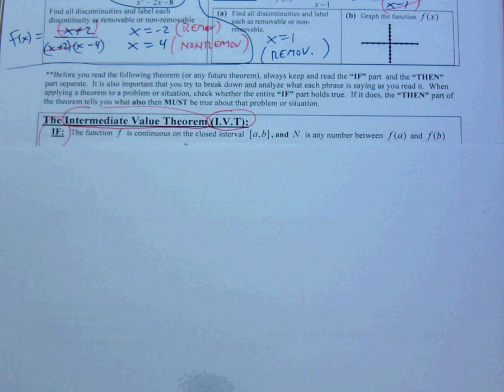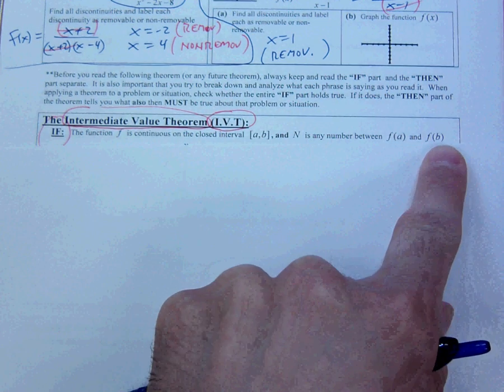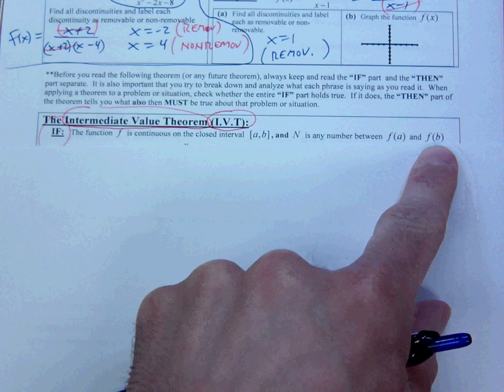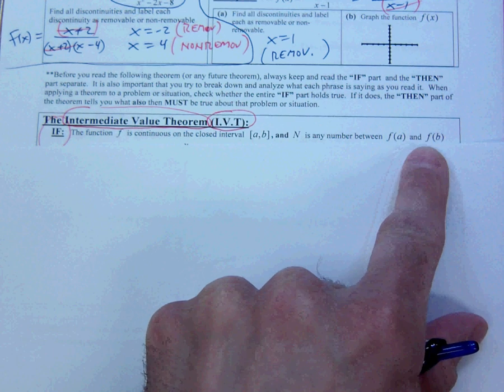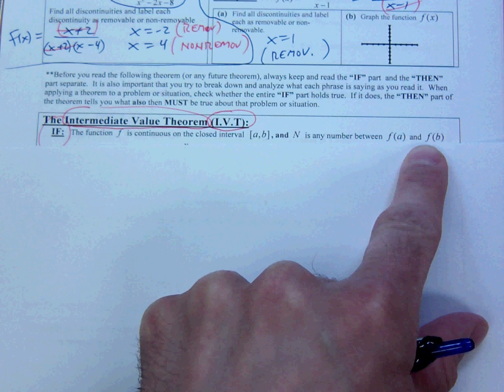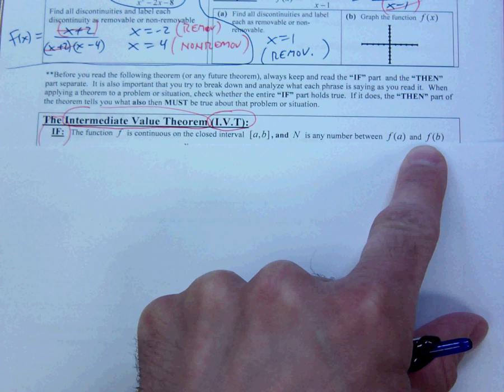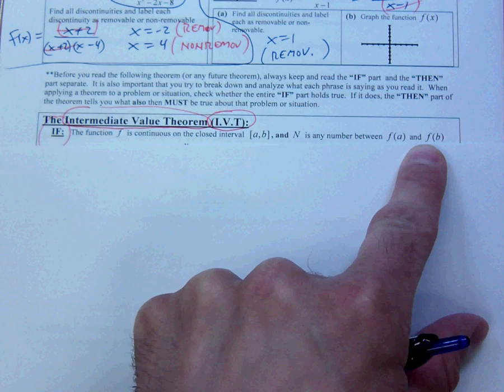Continue. And n is any number between f of a and f of b. What in the world does that mean? Well, f of a and f of b are the what? Starting and stopping y values. Isn't that what you should be thinking of in this case? f of a and f of b are the starting and the stopping y values on the particular interval we're talking about.